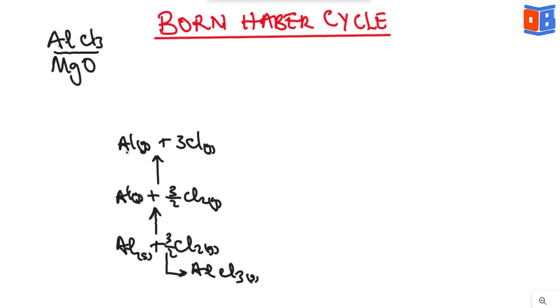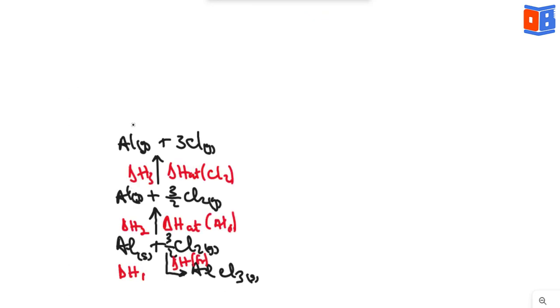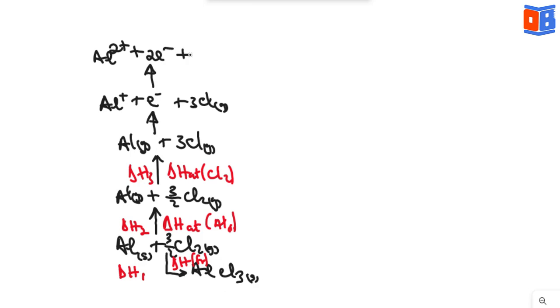Now, aluminium is in group 3, which means it has 3 valence electrons, and it can undergo 3 successive ionization energies. When the first electron is lost from aluminium, it forms Al plus, plus the electron removed, plus 3 chlorine gas. When the second is removed, we have aluminium now with 2 plus, 2 electrons, plus the chlorine, and then the last electron is removed from aluminium.